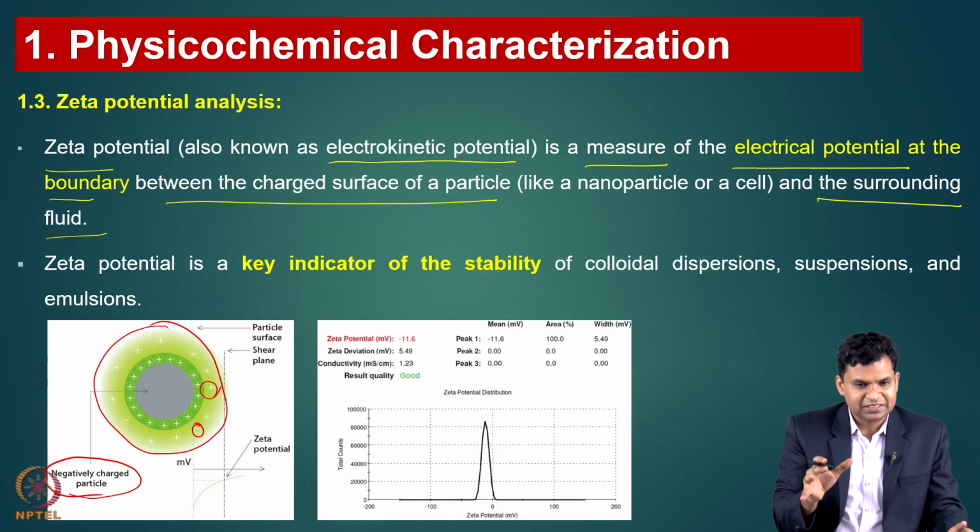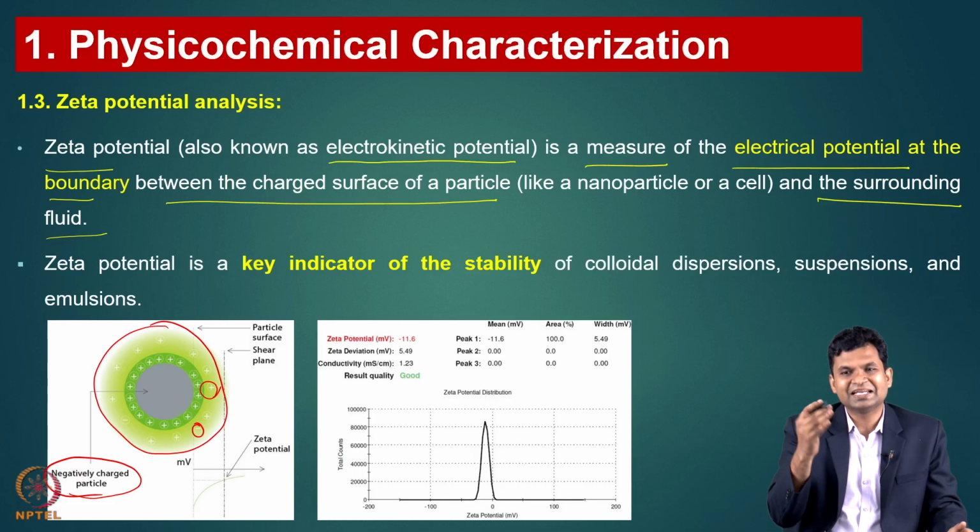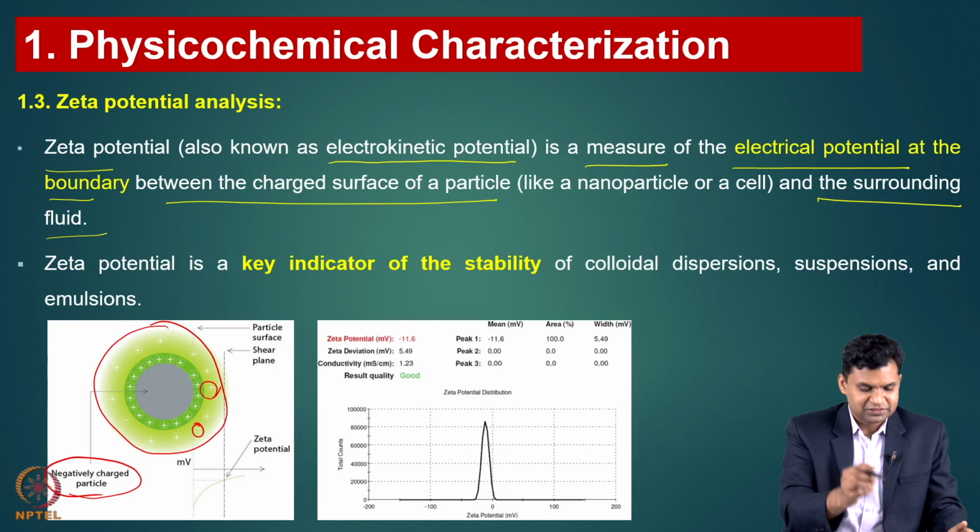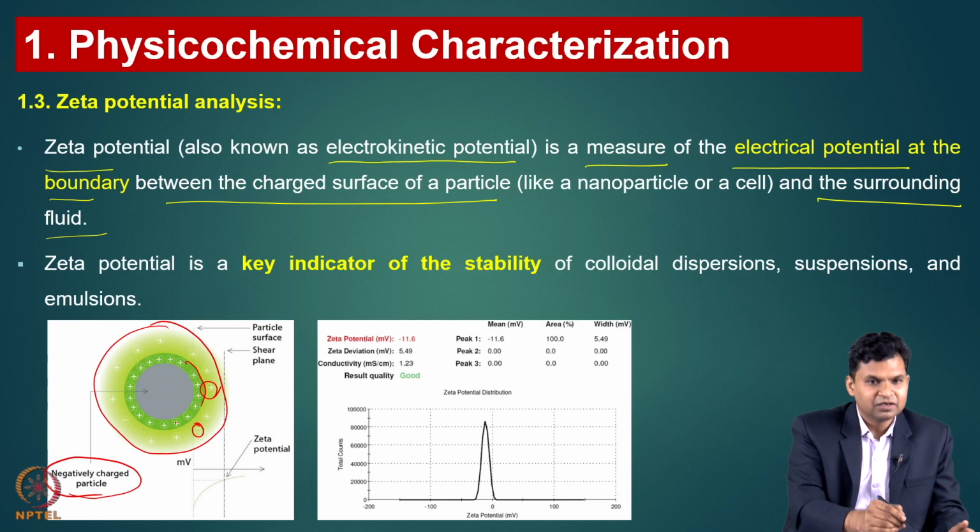So, that is a boundary layer. Now, the zeta potential, as the definition suggests, is the measure of the electrical potential at the boundary between the charged surface and the surrounding fluid. This is the surrounding fluid.